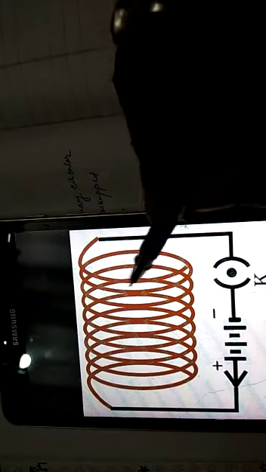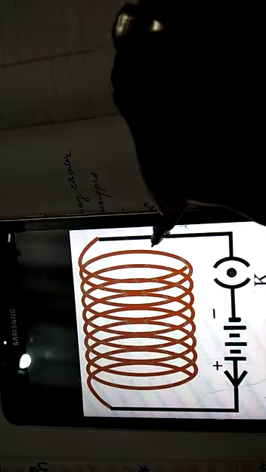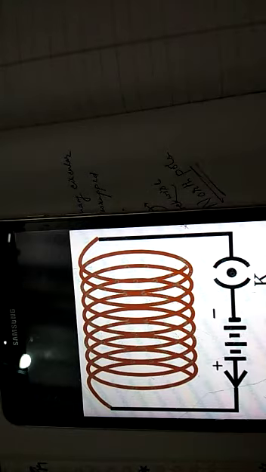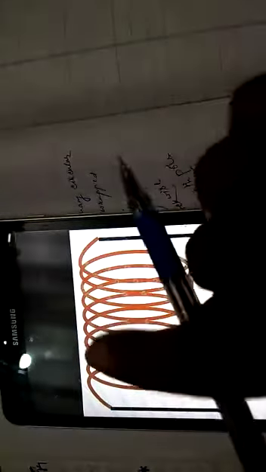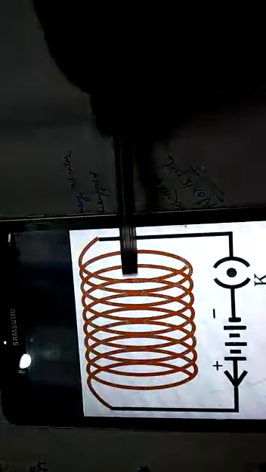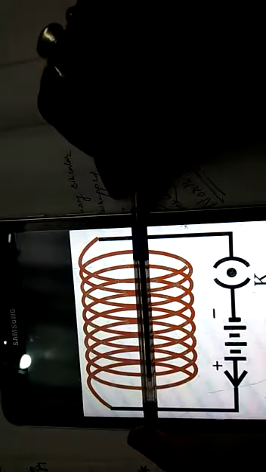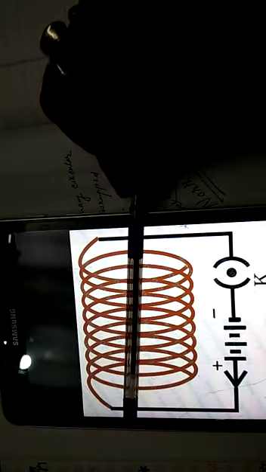There is another way we can increase the strength of a solenoid. If we put a piece of soft iron inside the solenoid, that is called the core of a solenoid.